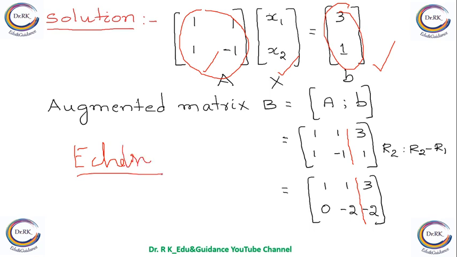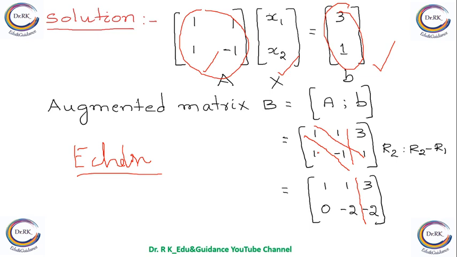Same way, if you remember, we start with the principal diagonal and convert it into an upper triangular matrix. So we have to convert the given matrix into echelon form, then we'll find the corresponding rank.